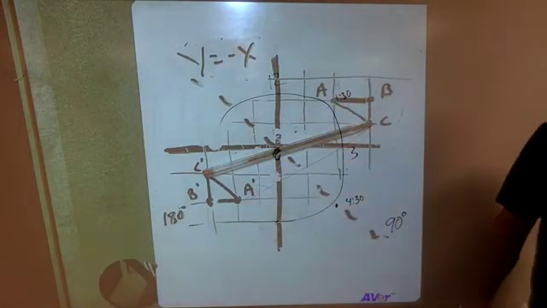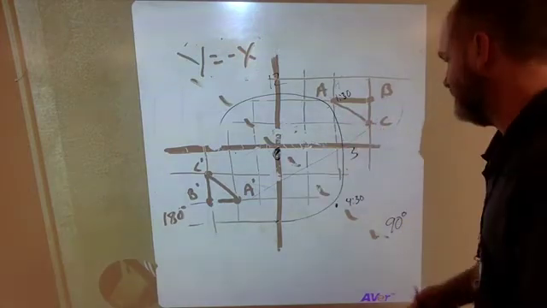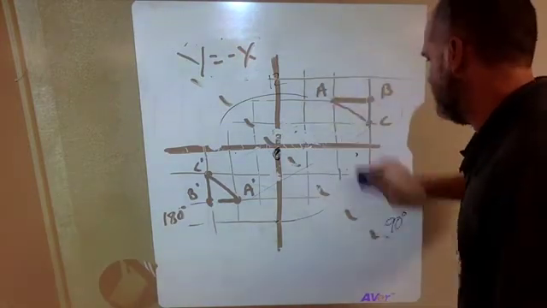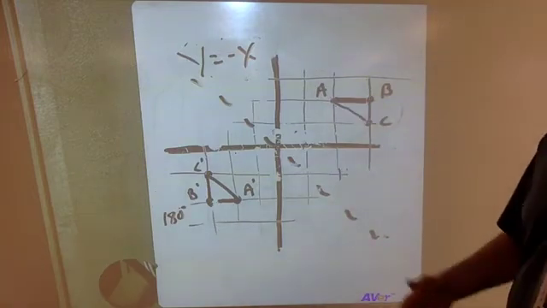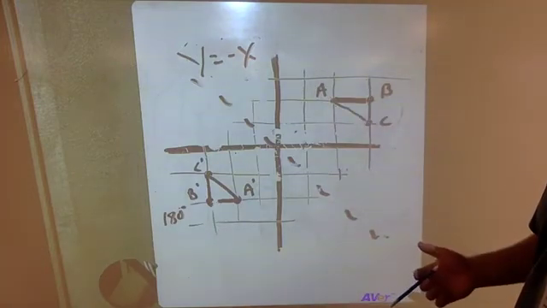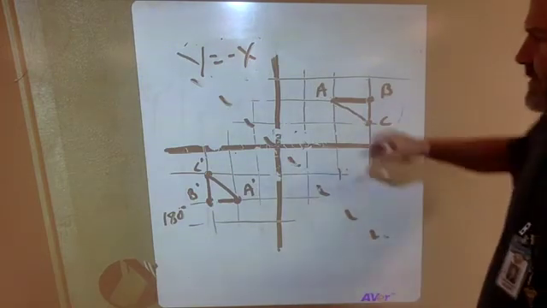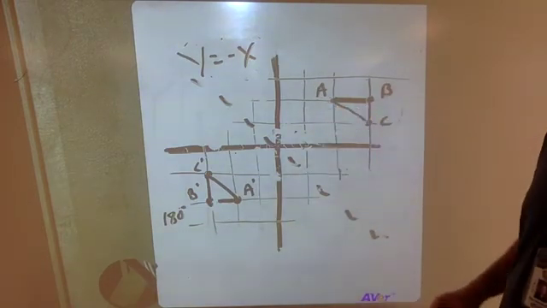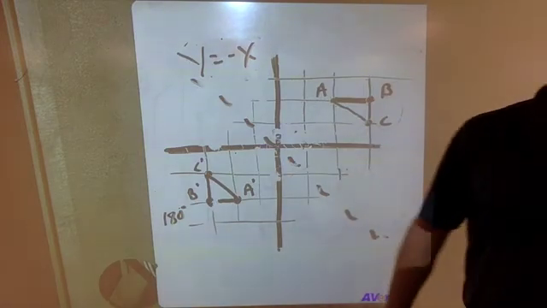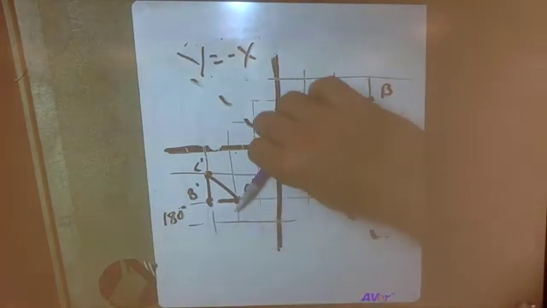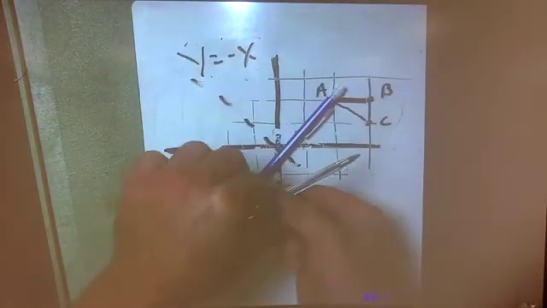Some people will look at this and say this triangle goes to that triangle, and they won't know, was it because of a rotation of 180 degrees, or was it because of a reflection across the line? And that's how you tell. If you connect your corresponding points, like your A's to your A's and your C's to the C's, if those two lines cross, that was a rotation of 180 degrees.